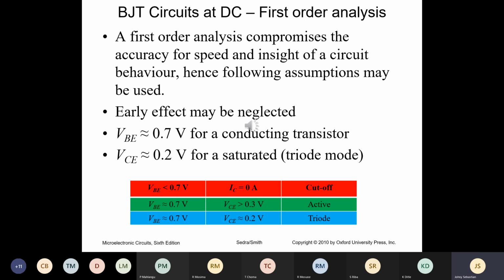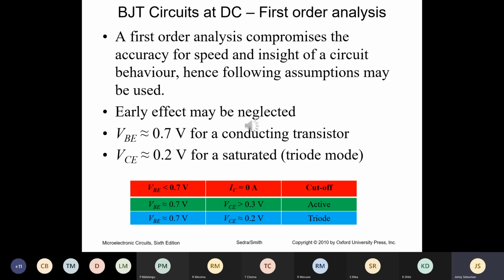Okay. In a first order analysis, we compromise accuracy for speed and insight. We may neglect the early effect. There's nothing wrong in neglecting early effect in usual calculation because we are using discrete components.